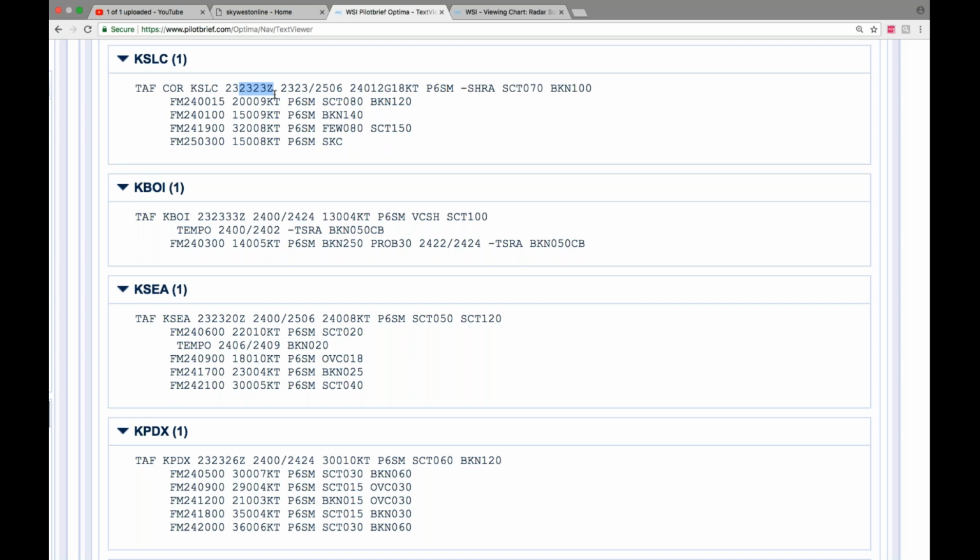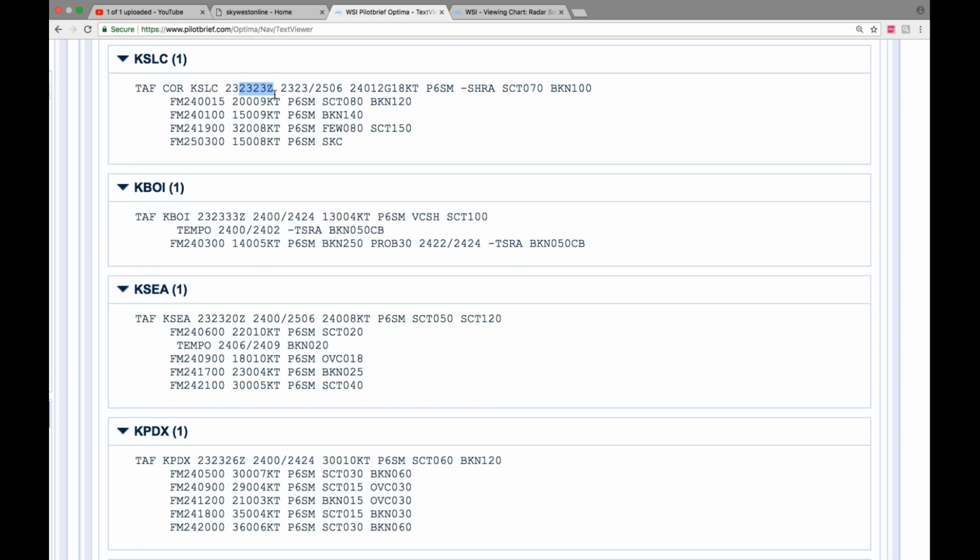The scheduled times for TAFs to be issued are 0000 Zulu, 0600 Zulu, 1200 Zulu, 1800 Zulu, and that's it.